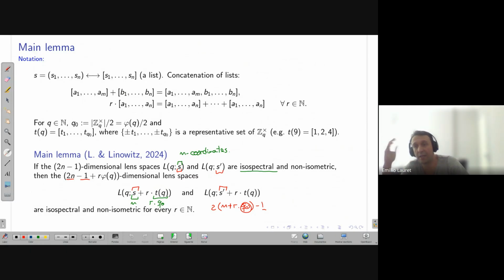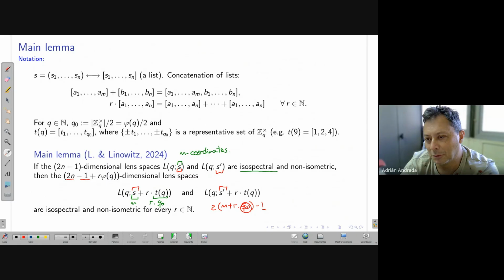At some moment, some people thought that p-isospectrality for every p, for the Hodge Laplacians, implies strong isospectrality. And we gave counterexamples of that, because these lens spaces cannot be strongly isospectral and they are p-isospectral for every p. Okay. Oh, very nice result.